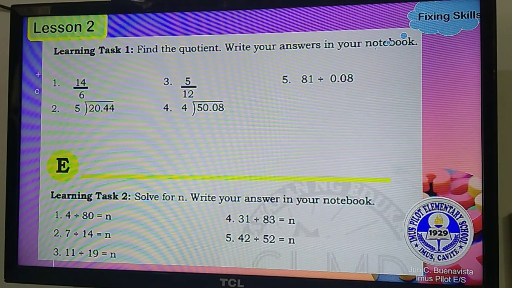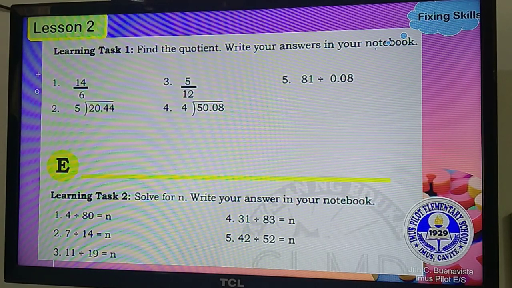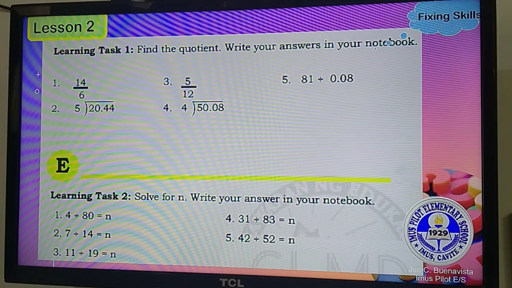So, you're going to affix or write the decimal point at the top. So, wala kayong i-move the decimal points dyan kasi may decimal points na siya. Okay? If you are done, again, you can check your work. The answer can be found in the last page of your math module.